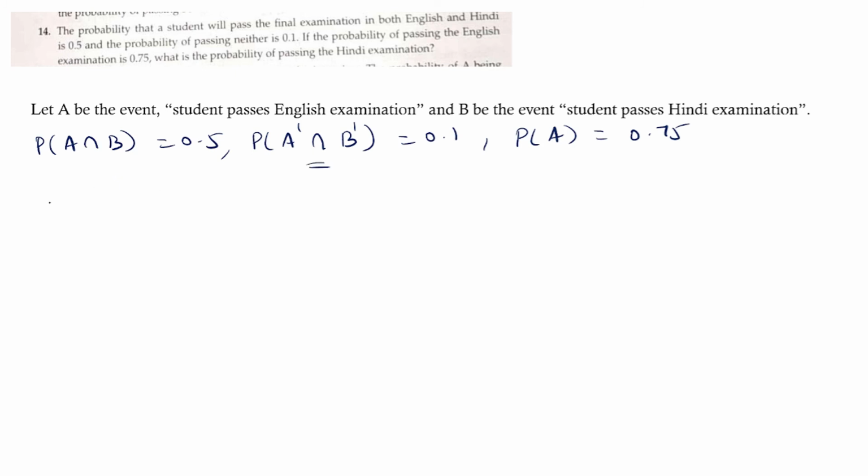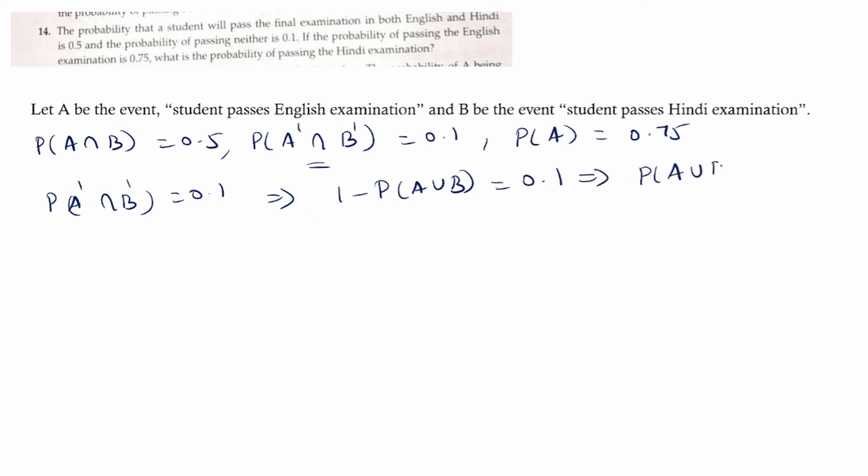Now from here let us find probability of A union B. Probability of A complement intersection B complement equal to 0.1 implies 1 minus probability of A union B equal to 0.1. So from this we have probability of A union B is 1 minus 0.1, which is 0.9.